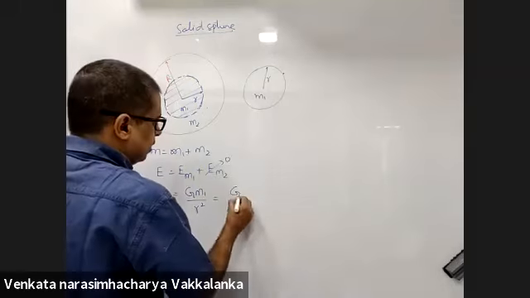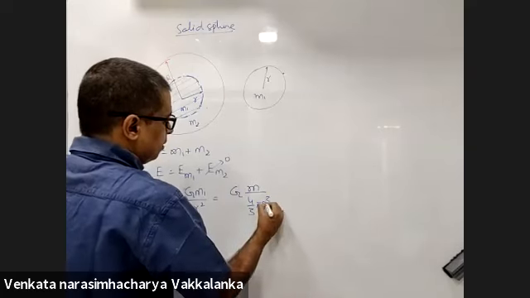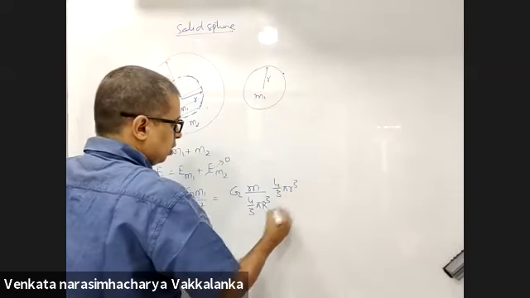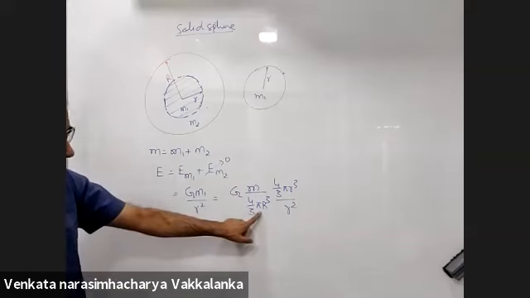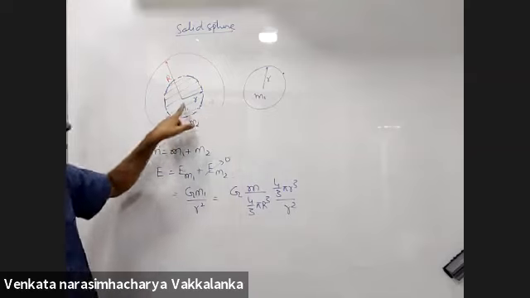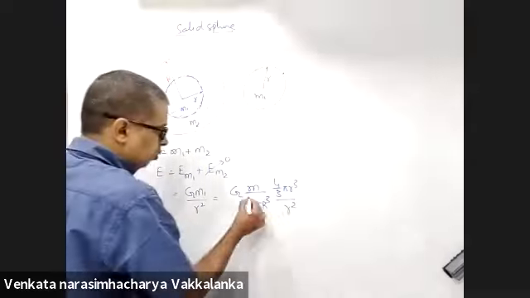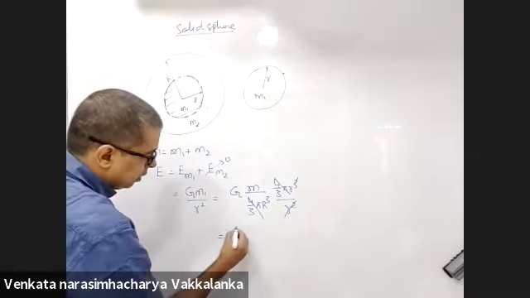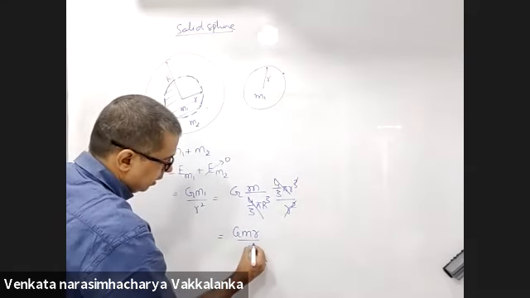Then you said G times mass per unit volume, 4 by 3 pi r cube, into 4 by 3 small r cube by r. Mass per unit volume into the volume of this particular solid sphere, I'll get m1. The 4 by 3 pi will go. G m small r by r.